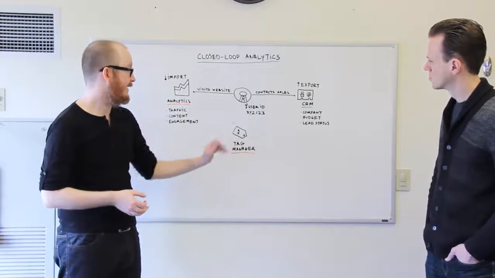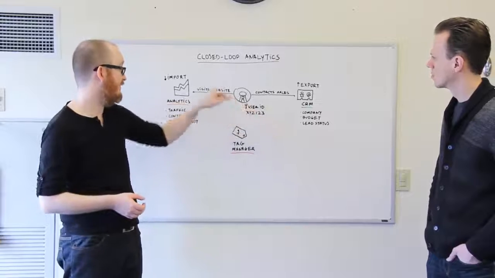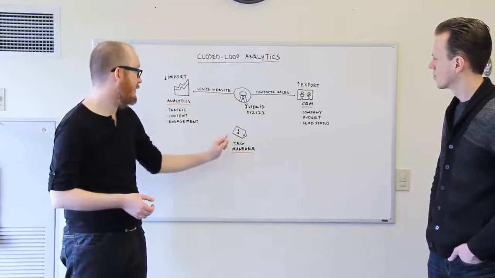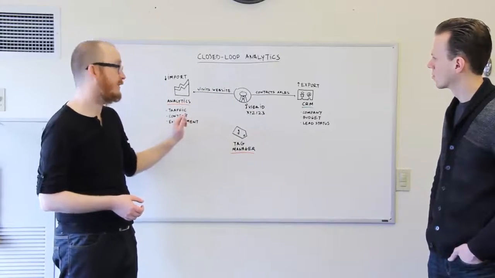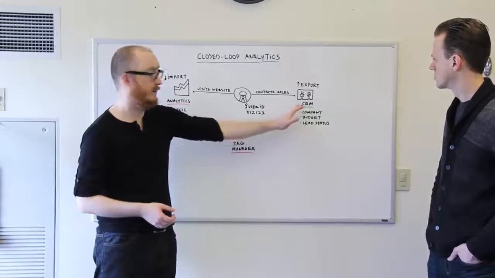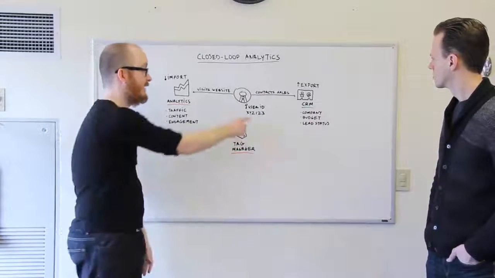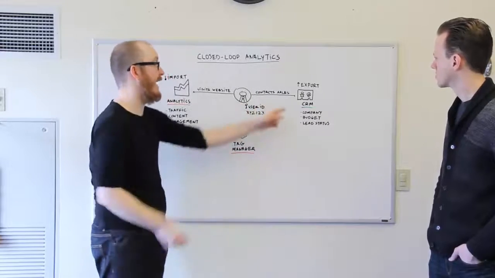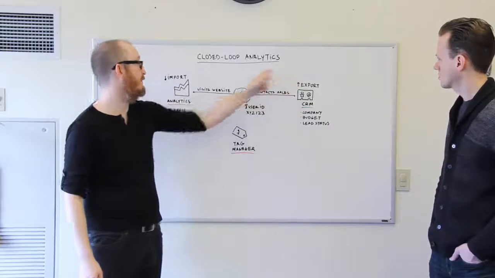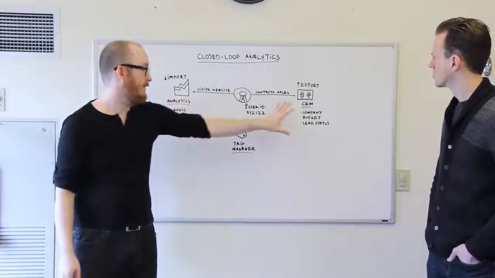Tag manager, its role is to take the user ID that's set when the person first visits your website and to pass that in with every page view to the analytics platform. And then also when the form fill occurs, to pass the user ID to the CRM. So that way, all of a sudden, you have a key by which you can export data from your CRM and import it back into Google Analytics, essentially marrying those two data sets.